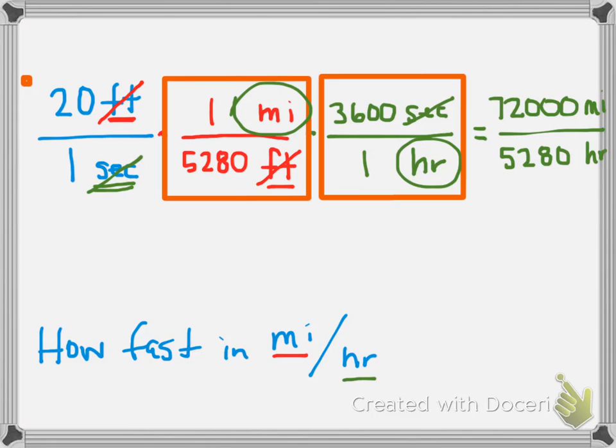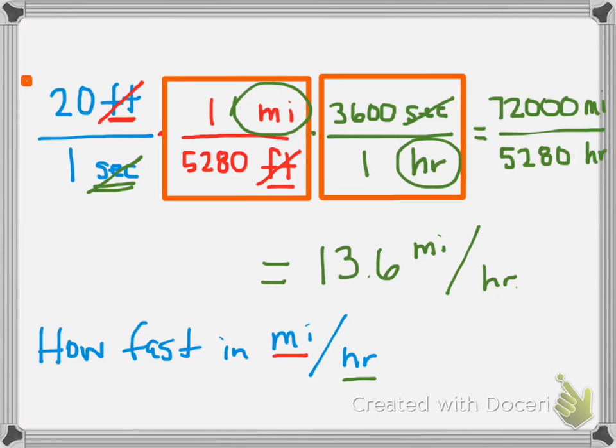I wanted to get rid of the feet, change them into miles. I wanted to get rid of the seconds and change them into hours. So now it's just a division problem. 72,000 miles divided by 5,280 hours is approximately 13.6 miles per hour.